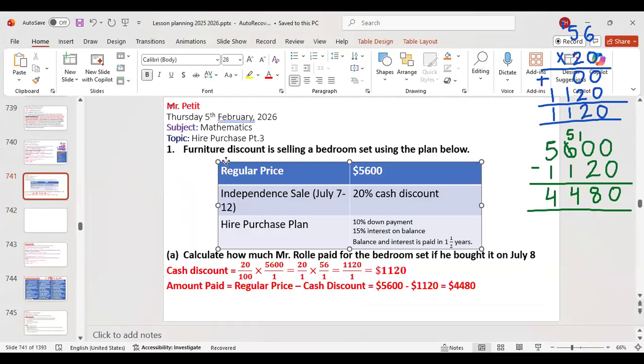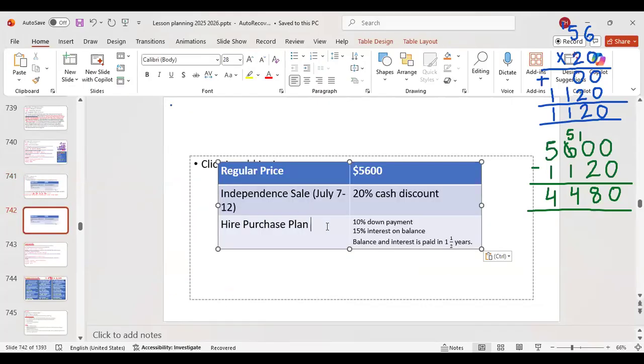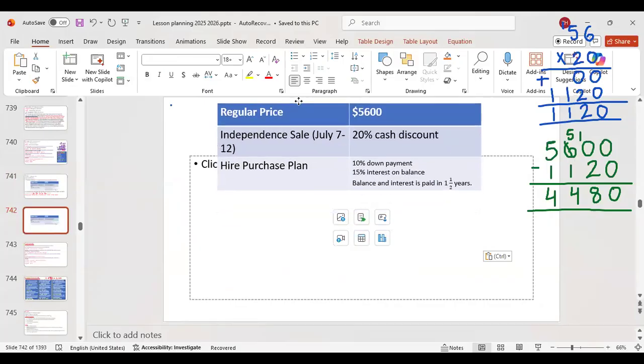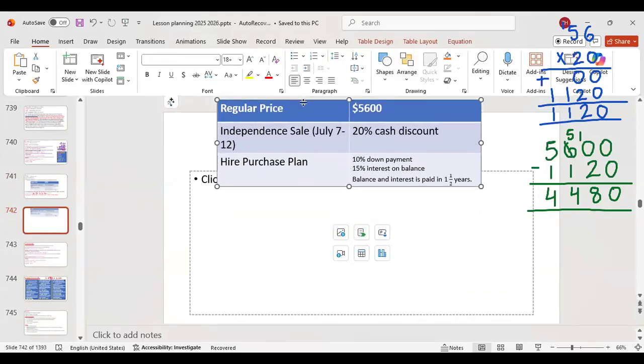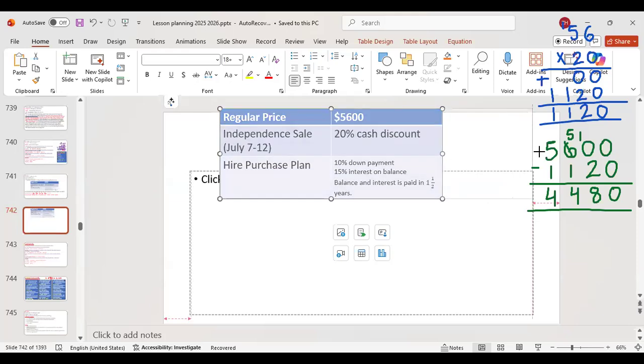We're going to keep the same table. You don't have to redraw the table, by the way. So don't redraw the table. It's the same table, right? So we're just going to go to part B. I'm just going to put it here so that I can keep it in mind.